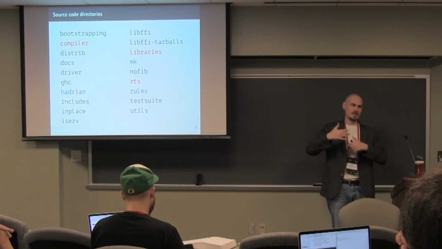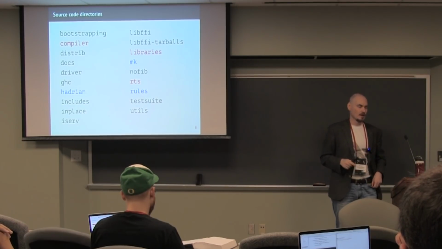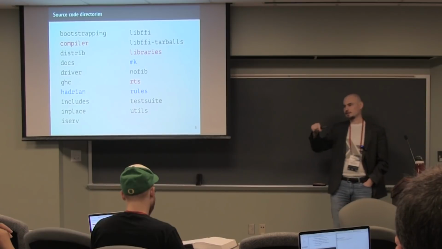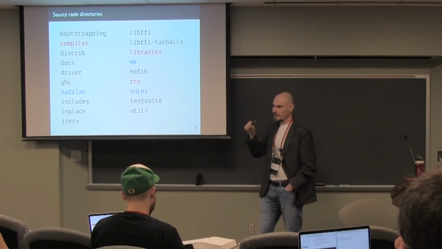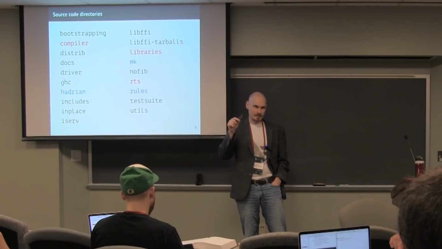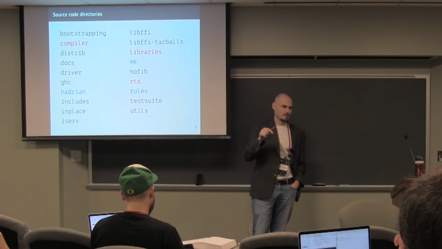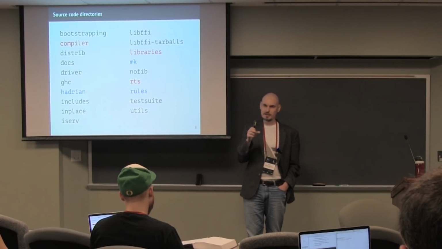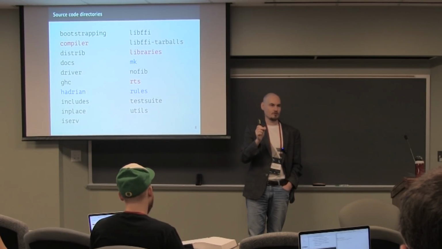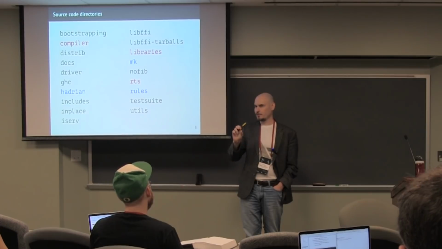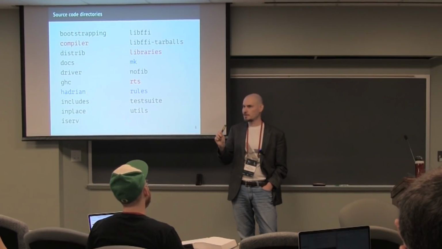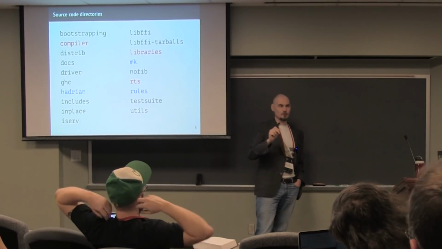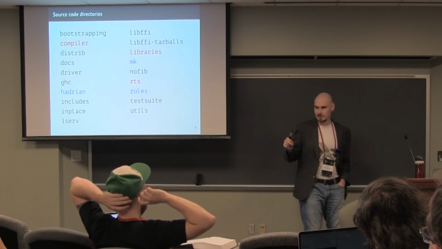So how to start building a compiler? It is possible to build a Haskell compiler on a platform where there is no Haskell compiler. There is a process of using a C compiler for building some original version of the Haskell compiler, which is very small, very limited, but still you can start bootstrapping with it.